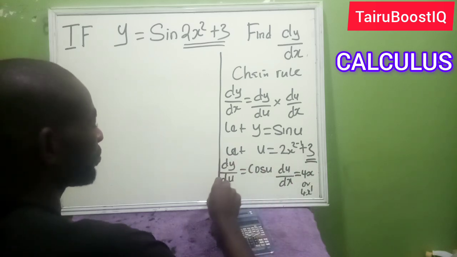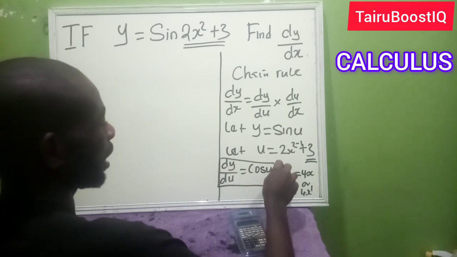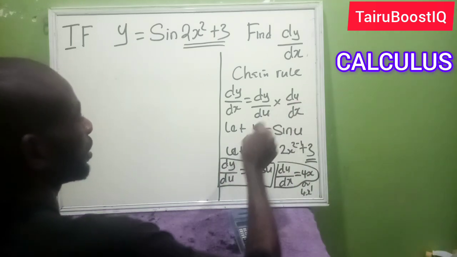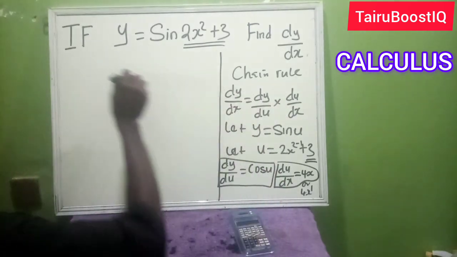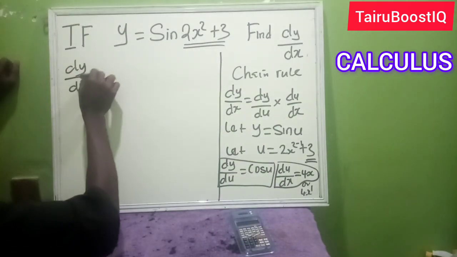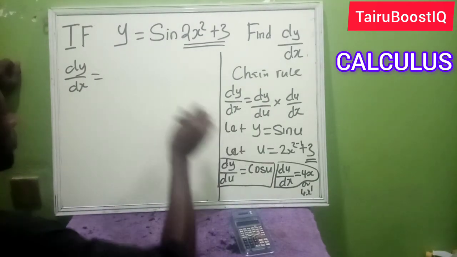Now we have our dy/du and our du/dx, so we want to put them into this formula. So dy over dx is equal to, what is our dy/du? Our dy/du is cos u.